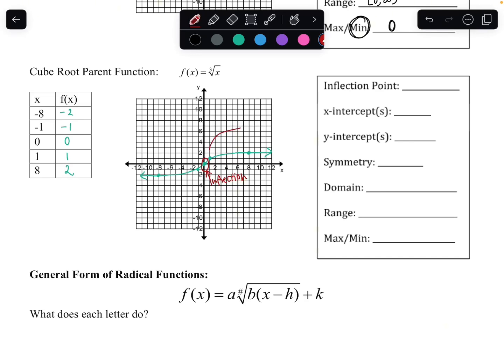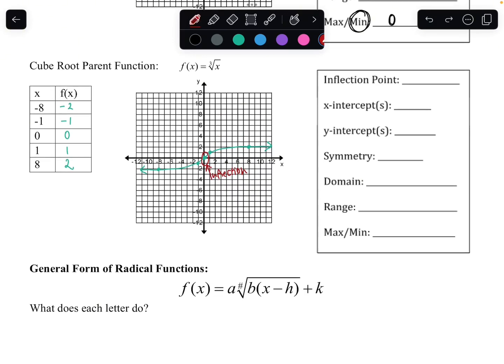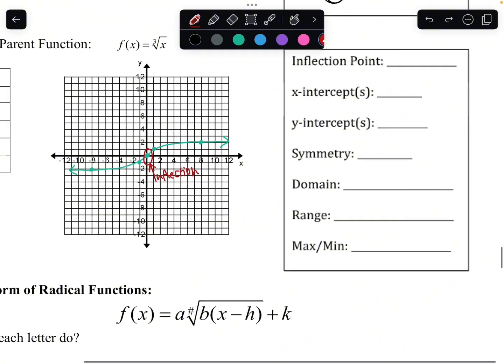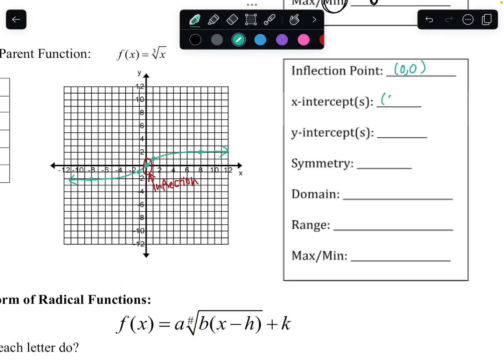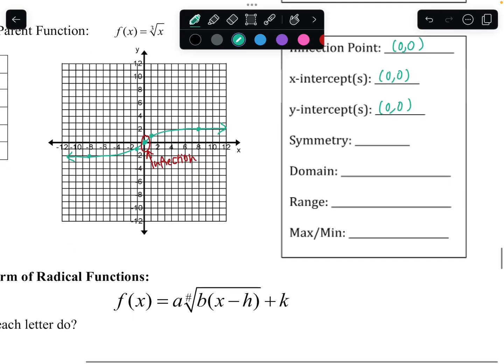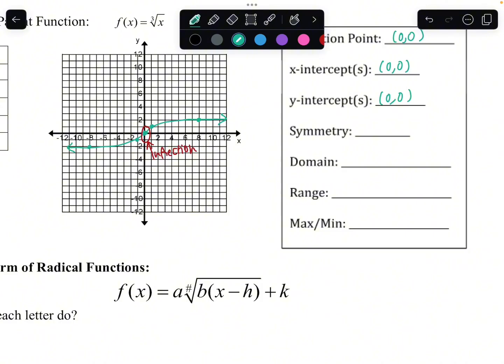Because it's where it's opening to the right, and then in the bottom half, it's opening to the left. So anytime a function changes its direction of opening in the middle, that's called inflection. And so this particular inflection point is (0, 0).